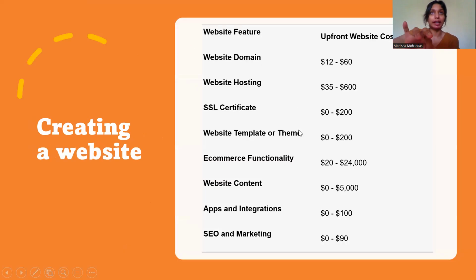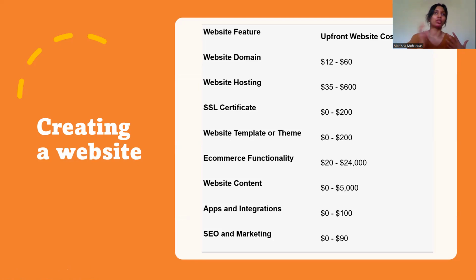So here's another detailed price chart. You can call it website, domain, hosting, SSL certificate. We already spoke about what an SSL certificate is, and then the template. So the website builders like GoDaddy already have a template for you.